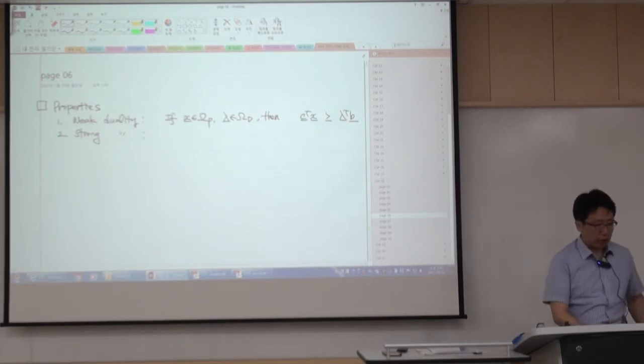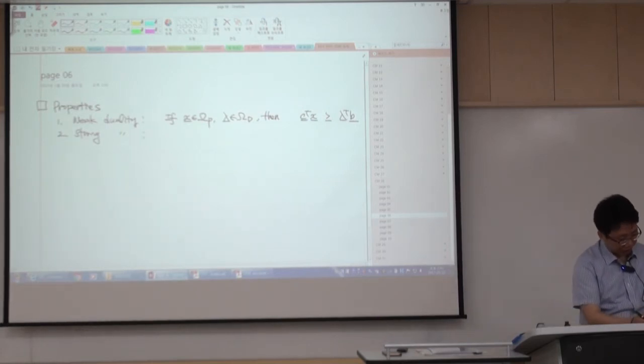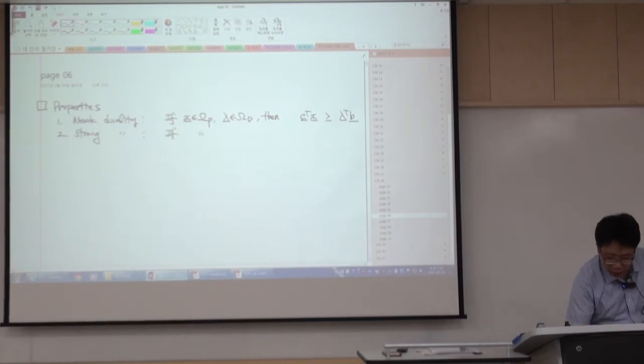Now, the strong duality says this. You have the same condition, and X is primal optimal and lambda is dual optimal.